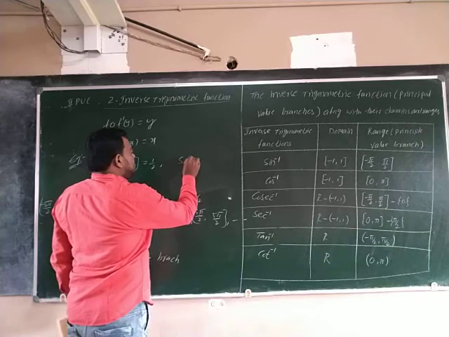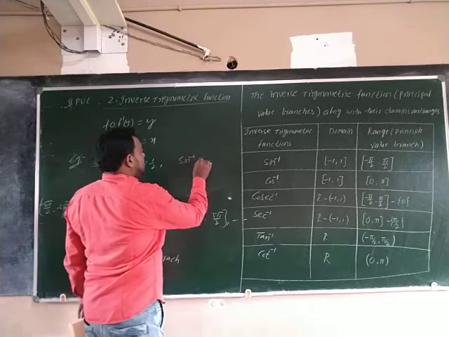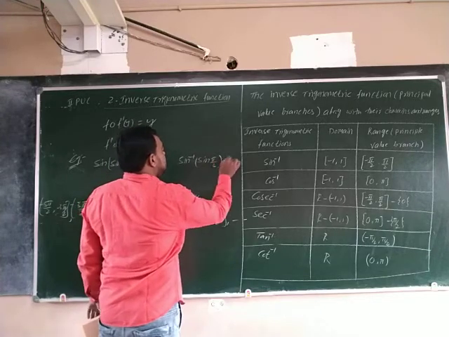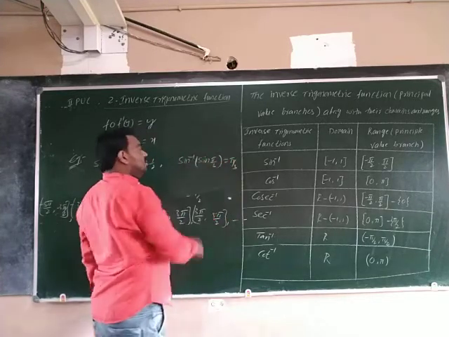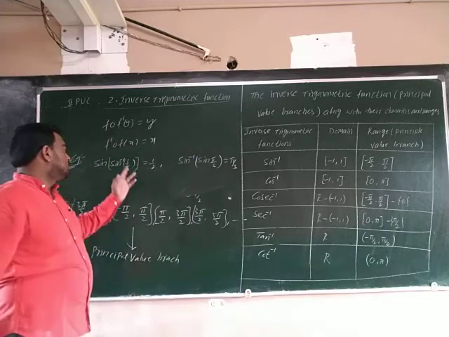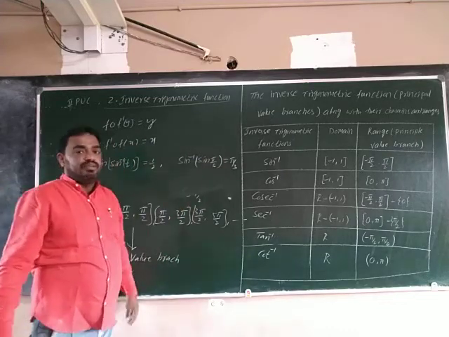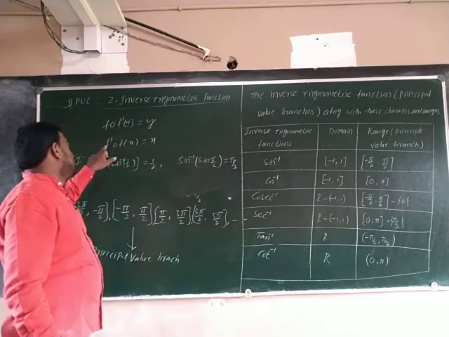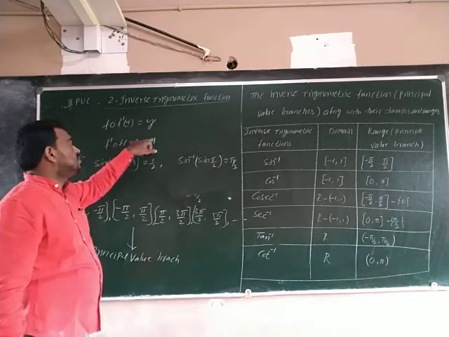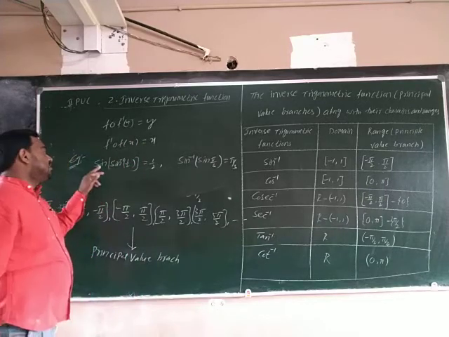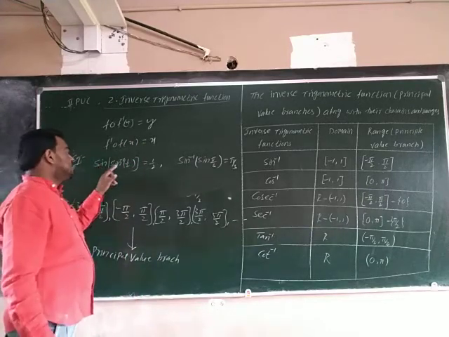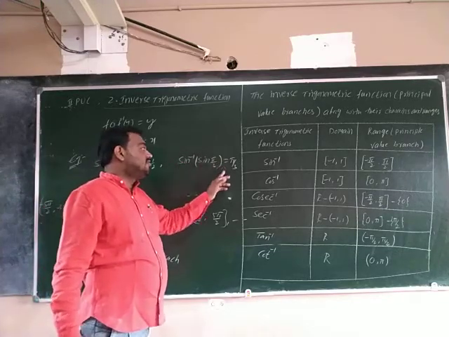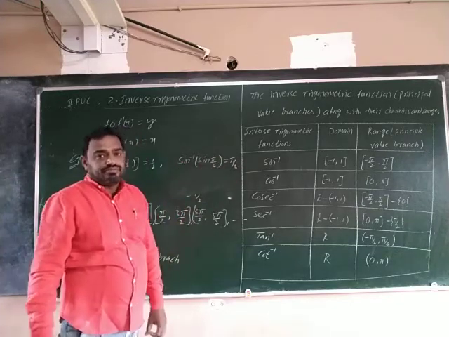Next, sine inverse of sine of pi by 3 is equal to pi by 3 only. So we can write these values directly.